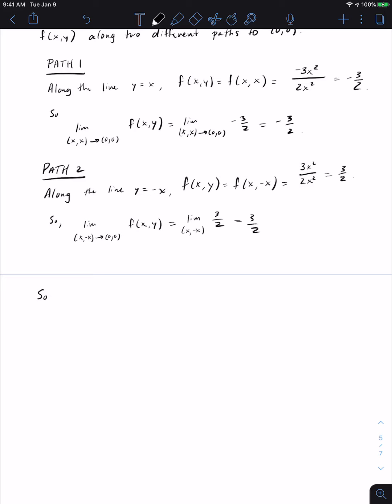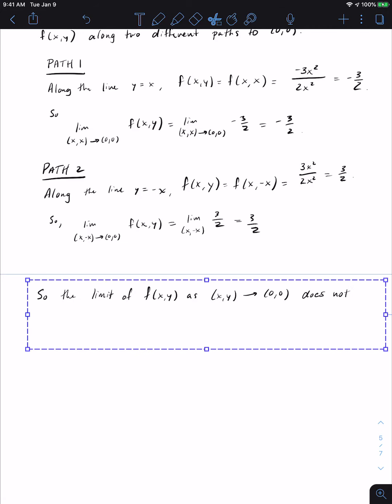So the limit of f of xy as xy approaches 0, 0. Remember, this is the limit from every direction, and it does not exist, right? Because from two different paths, two different directions, we showed that they're not equal. So the limit does not exist.